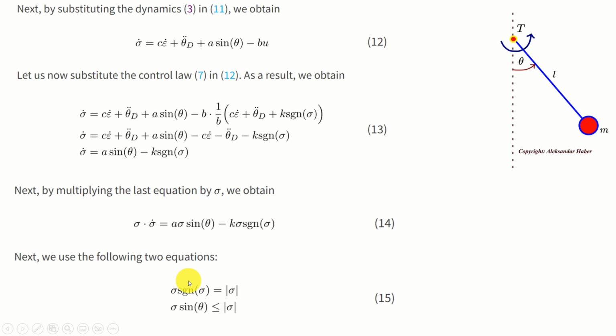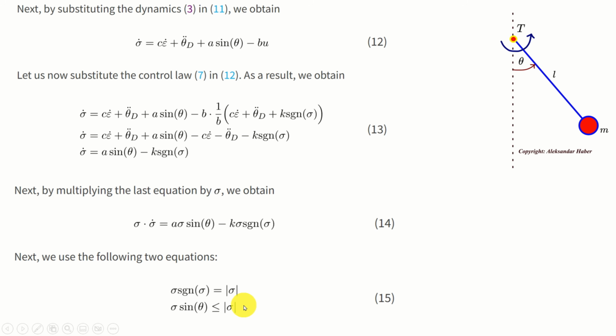Next, we will use these two very well-known facts. First of all, if you have a variable multiplying the sine function of that variable, then you will obtain the absolute value. And that's precisely the property of the sine function that we use over here. Next, we can conclude that sigma multiplying sine theta is smaller than or equal to the absolute value of sigma.